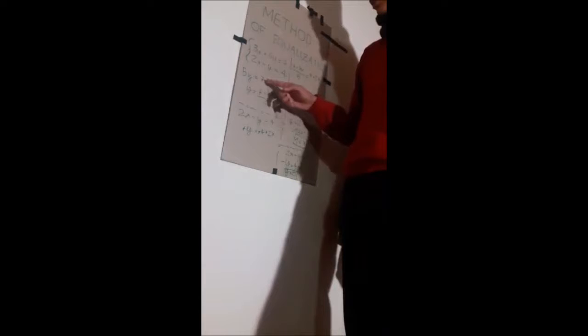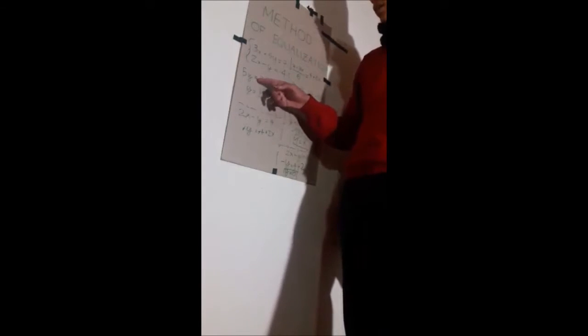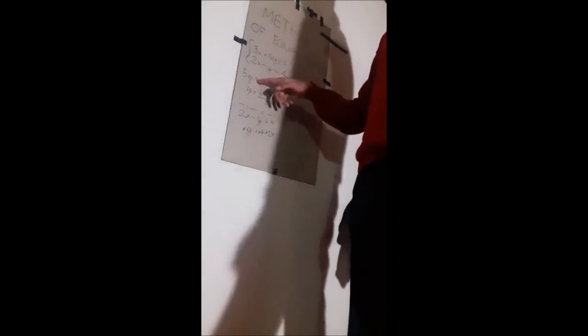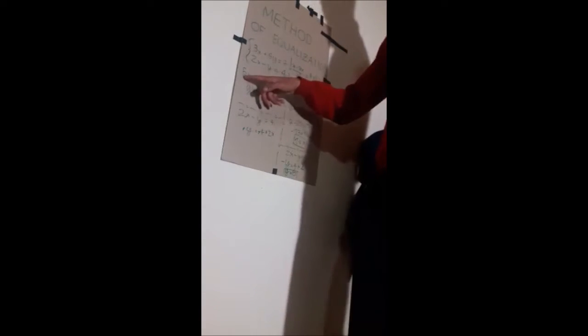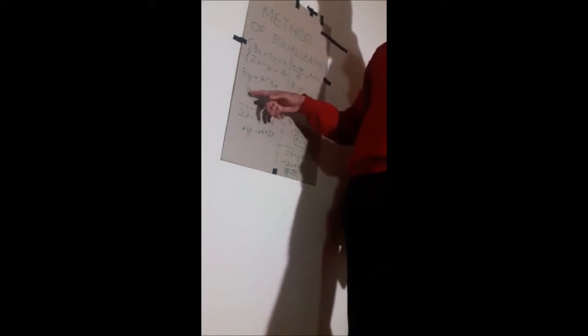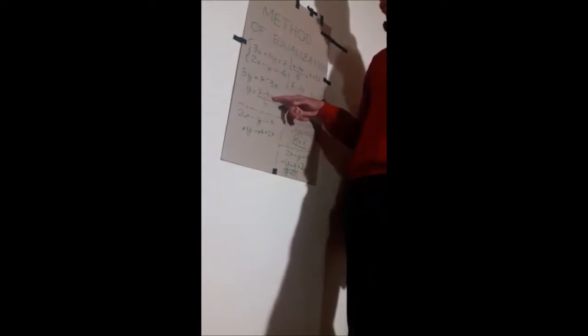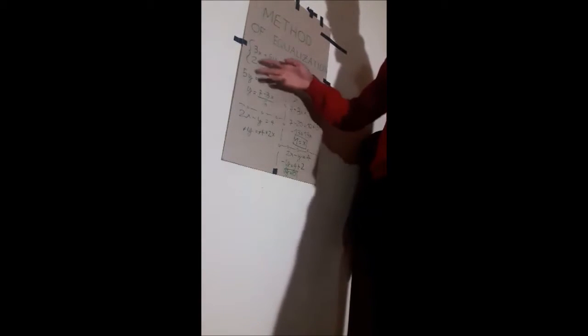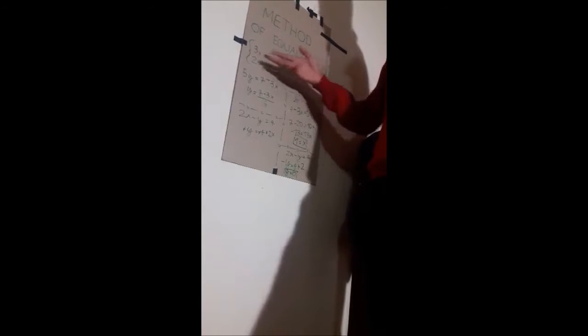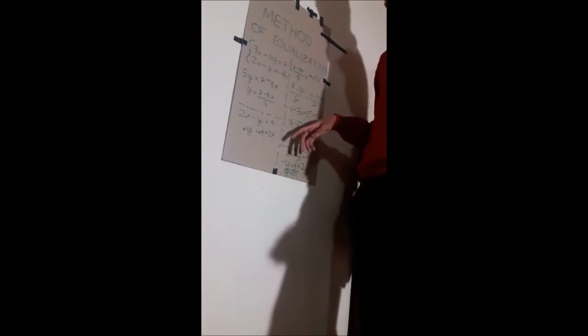So here I move the 7 and the 3x, so it is 5y is equal to 7 minus 3x, and then I clear the y completely by moving the 5 to divide, so y is equal to 7 minus 3x divided by 5. Now we do the same with the other equation.